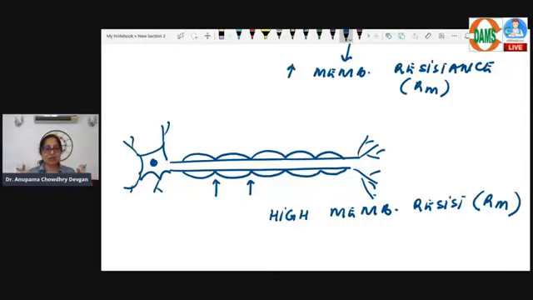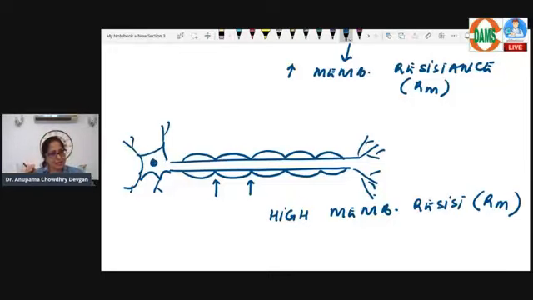Total membrane resistance of a myelinated nerve fiber will be very high, but nodes are areas of no myelin. So these are areas of low resistance.